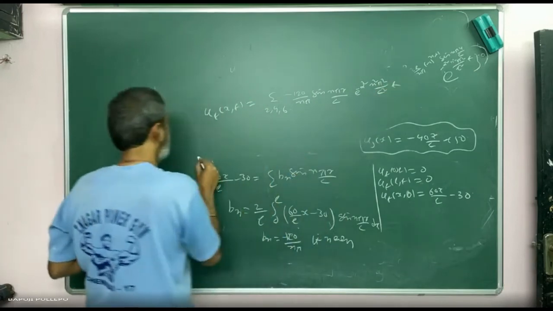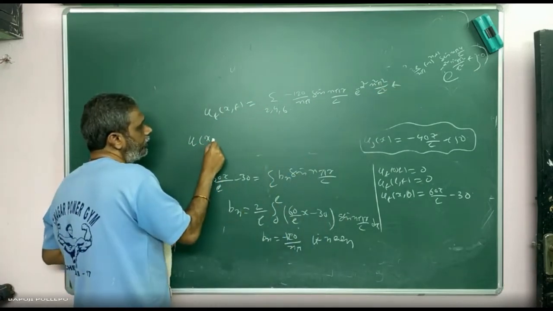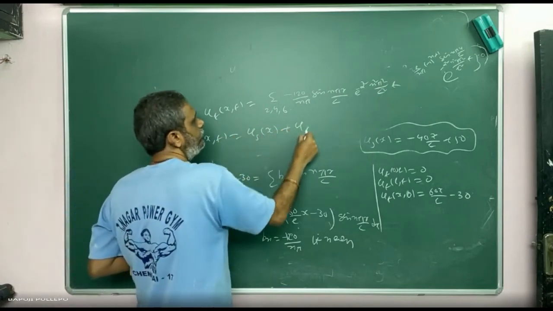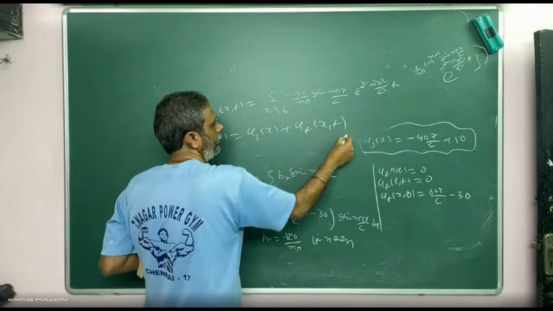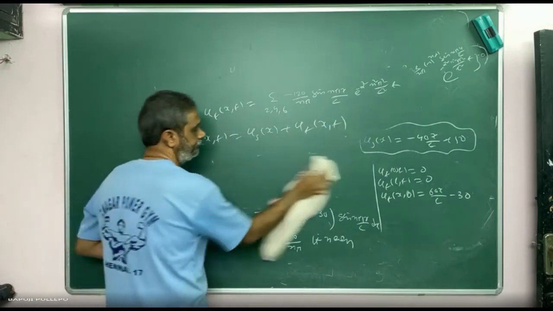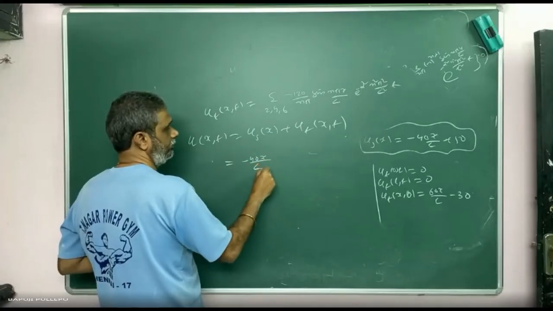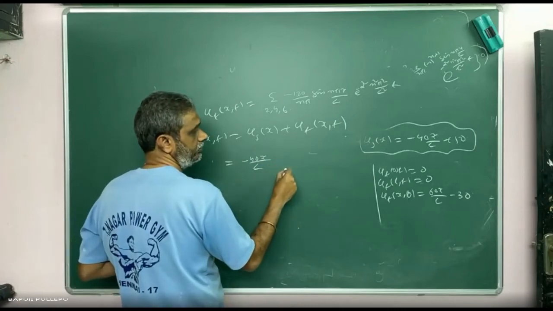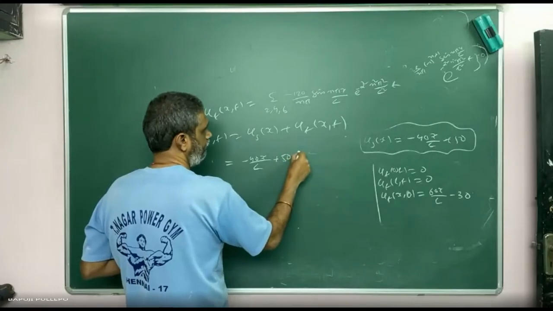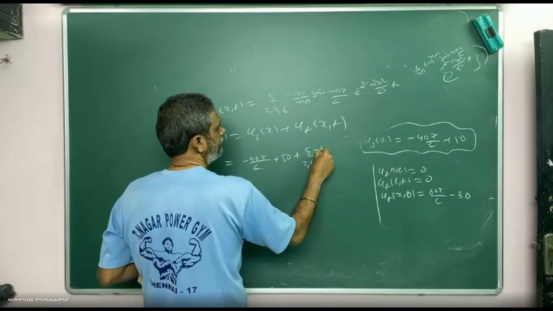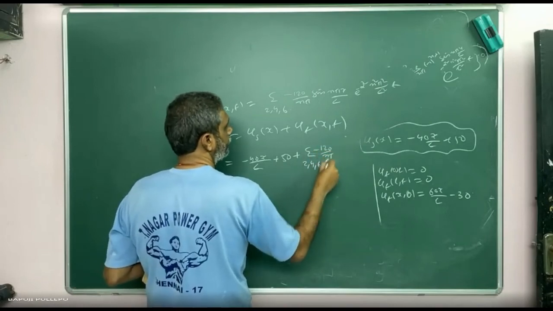But actually our solution is u of x comma t is equal to us of x plus ut of x comma t. But what is us of x? Minus 40x by L plus 50. That is important, the final conclusion you have to do. Very good. 50 plus the sum over n is equal to 2, 4, 6 of minus 120 by n pi.